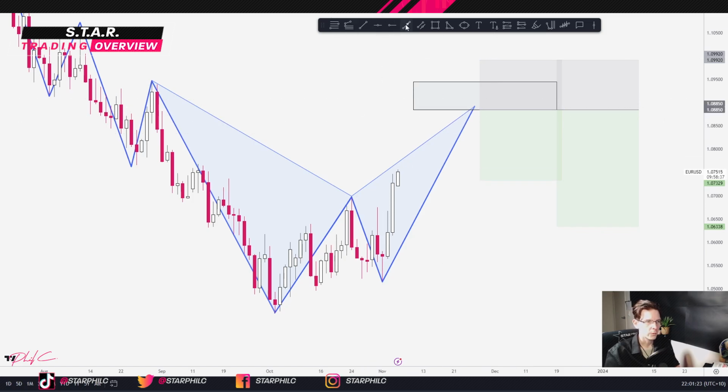Again, we have a potential bat pattern opportunity. So if price action comes up and hits our 886, we have a valid bat and we want to execute a sell order into 2 targets. Why? 50% accurate, positive risk to reward profile.